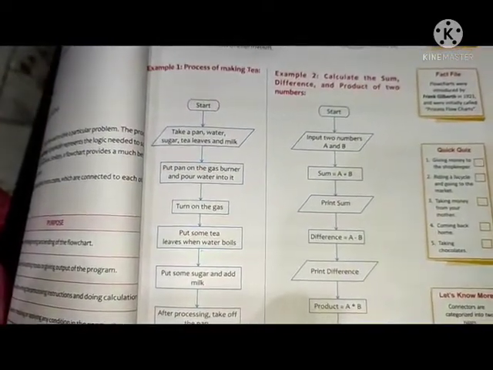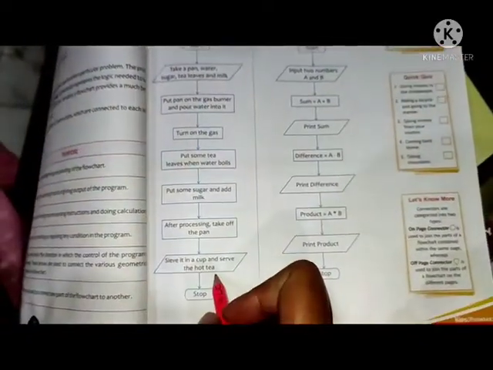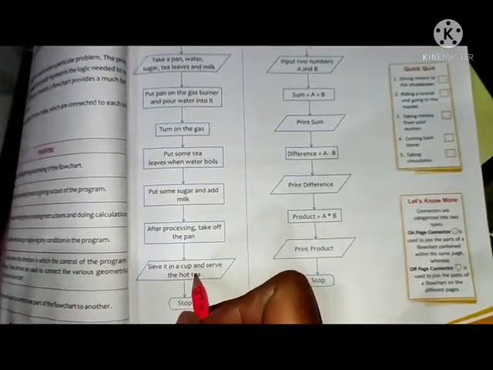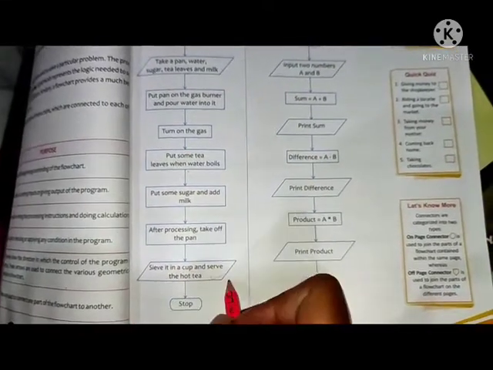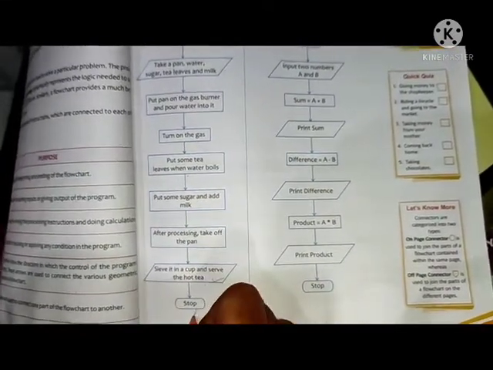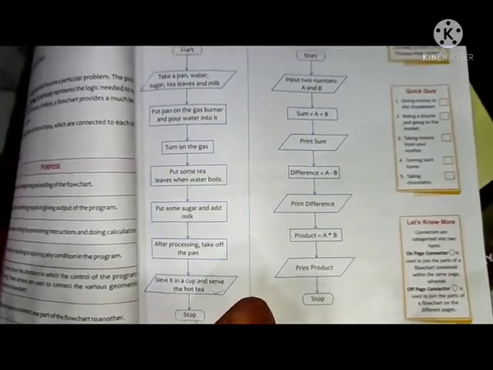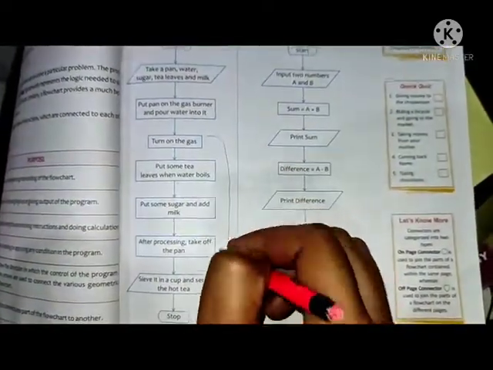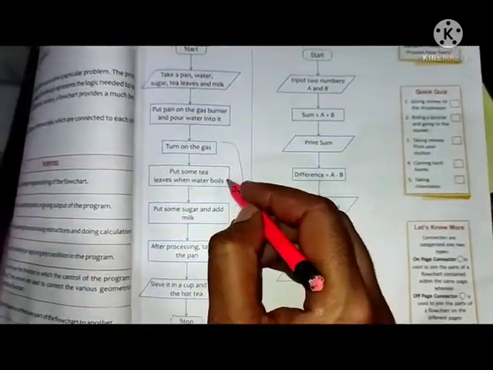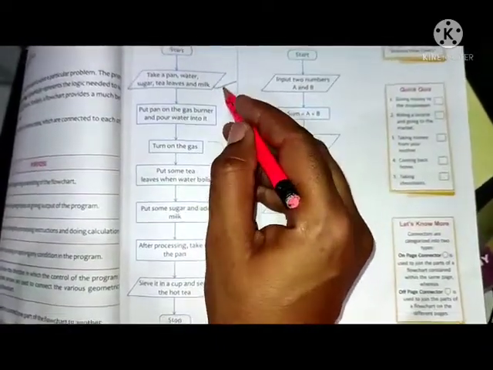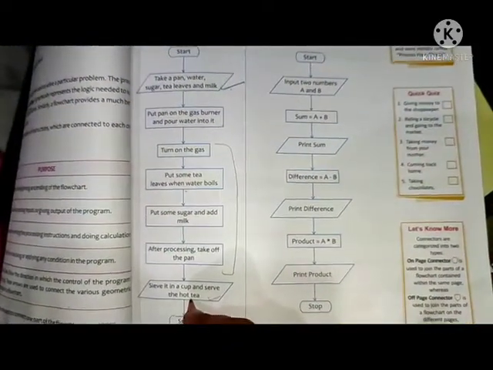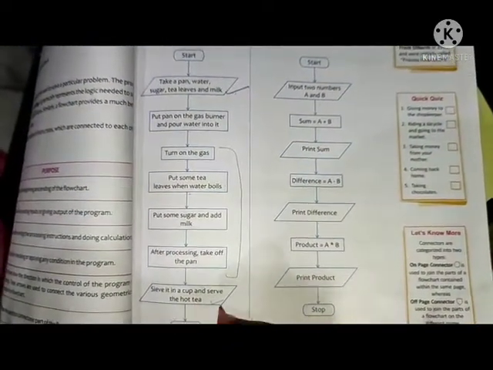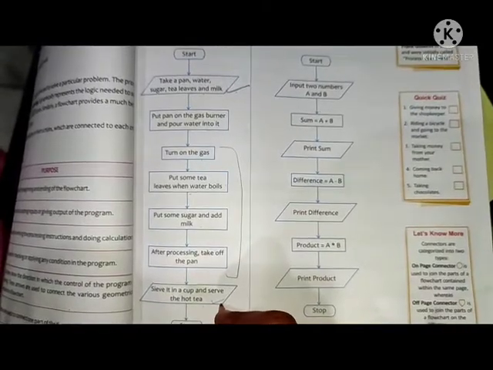After processing, take off the pan, and at the last sieve it in a cup and serve the hot tea. That is the output, so it is in the output box, and this is the stop symbol. See students, these are the processing steps, so these are under the processing box. This is the input, this is in the input box, and this is the output, that is the last tea, so this is inside the output box.